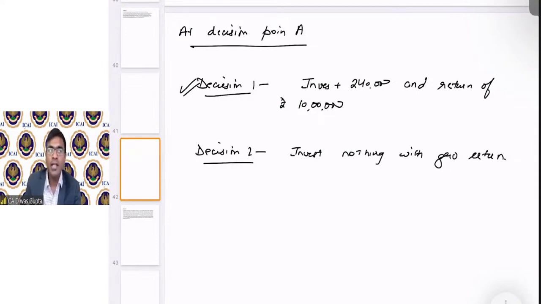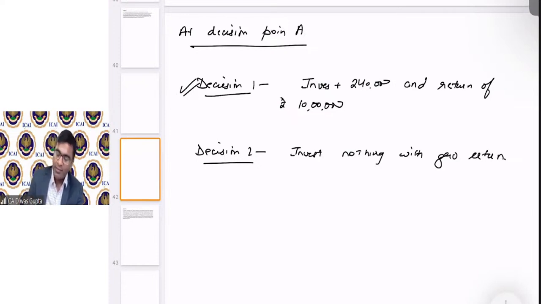And if you succeed further, you have to decide whether you want to invest another 20 rupees to get a 4 lakh per annum perpetual amount. And in case you fail, you have a decision to be made saying that whether you will invest another 12 lakh to get 1 lakh rupees per annum. Okay.